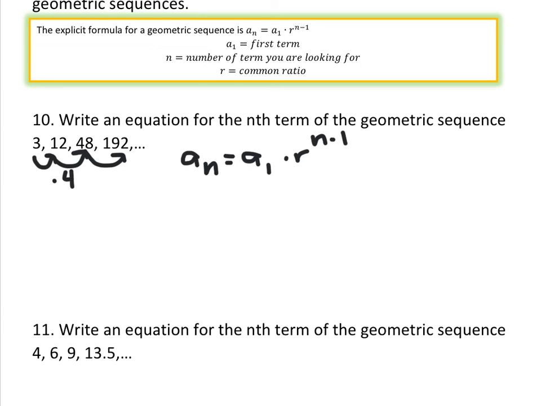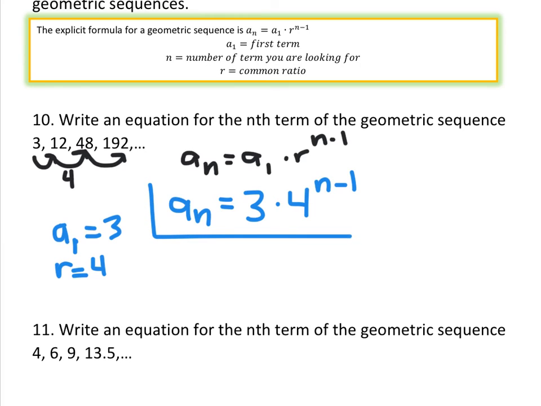We're just going to plug in what's missing. Our first term is 3. Our r is 4. So we'll have 3 times 4 to the n minus 1. That's your equation.